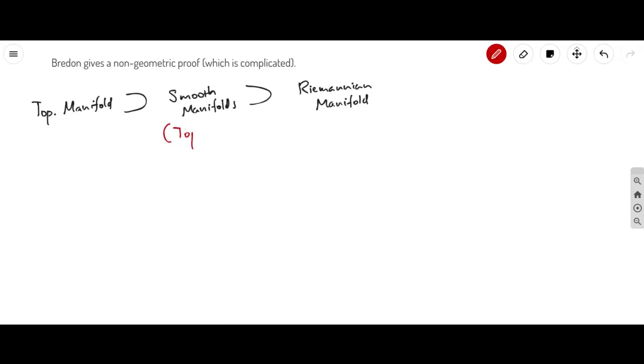So this is topology. Well, I guess you can say this is topology. Here you can say topology plus a little bit of calculus. And Riemannian manifold, this is geometry. Geometry with some calculus. This is what we call differential geometry.